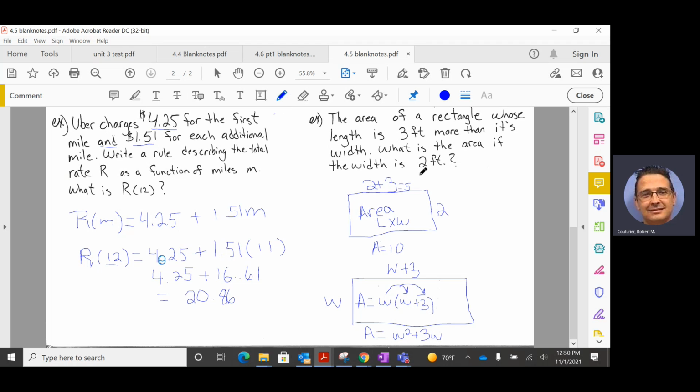And you're able to take this, as they said here, what if our width was 2? We could take 2 and plug this in, right? 2 squared. Let's see if we get our 10 like we think we should. Plus 3 times, remove the W and put in a 2. So 2 squared gives us 4. 2 times 3 gives us 6.